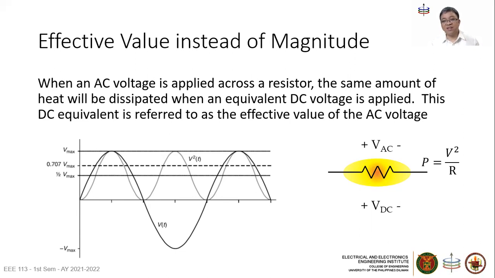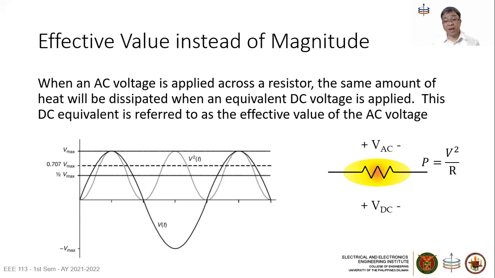But we ask ourselves, how much DC voltage do we apply across the same resistor such that the same amount of heat will be dissipated across the resistor? That value of VDC is said to be the effective value of that sinusoidal voltage.